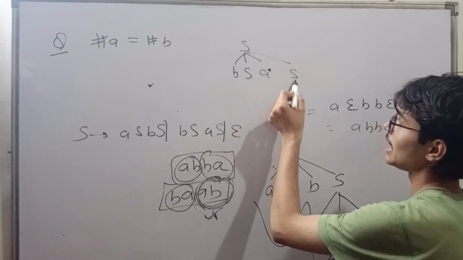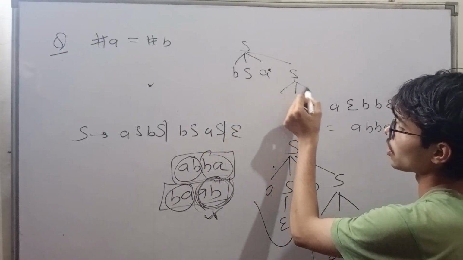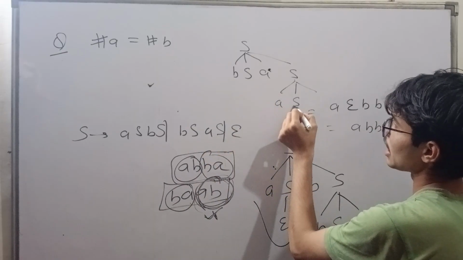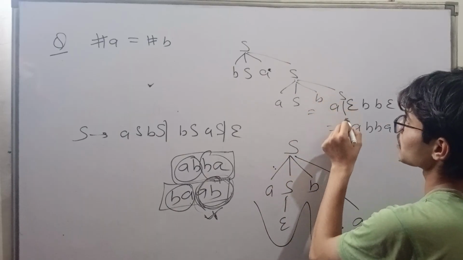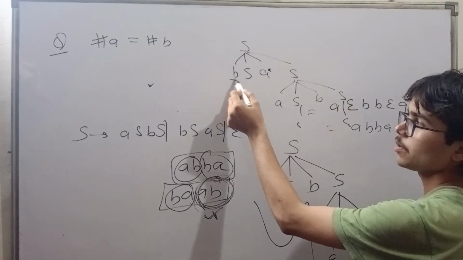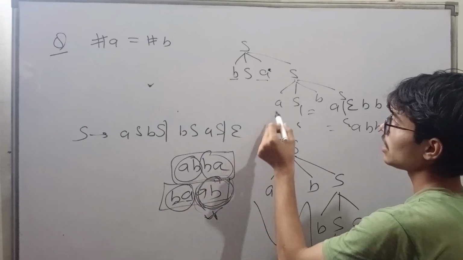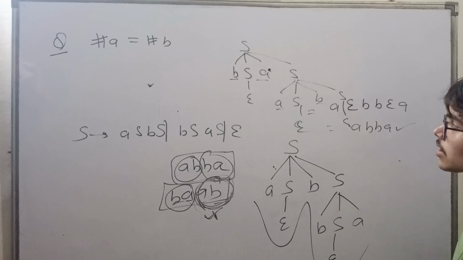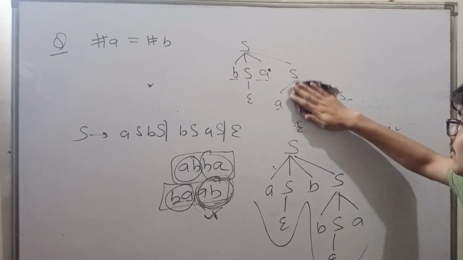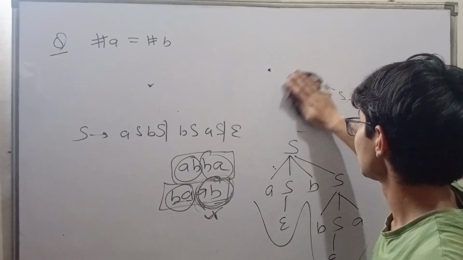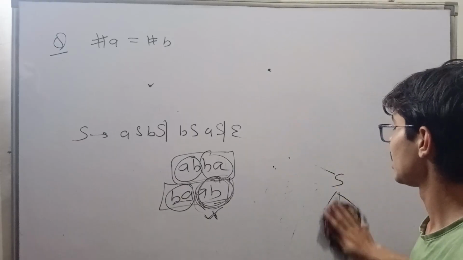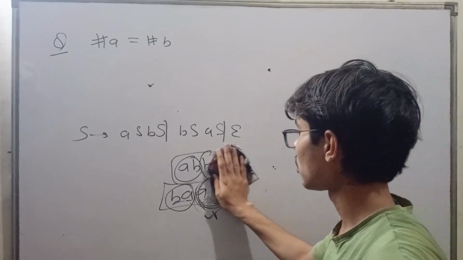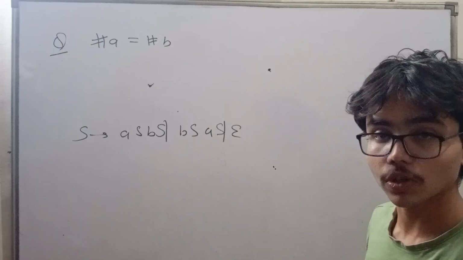By adding S. By adding S, you can generate from A S B S and then epsilon epsilon. Then that's how you can see B A B A A B A B, with epsilon in the place of S. This is one way of understanding this problem, and you can solve this problem and you can generate it now.